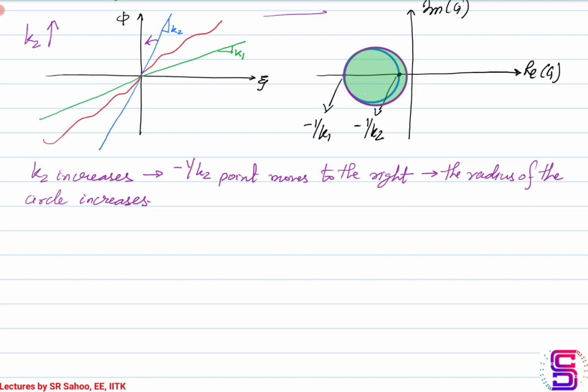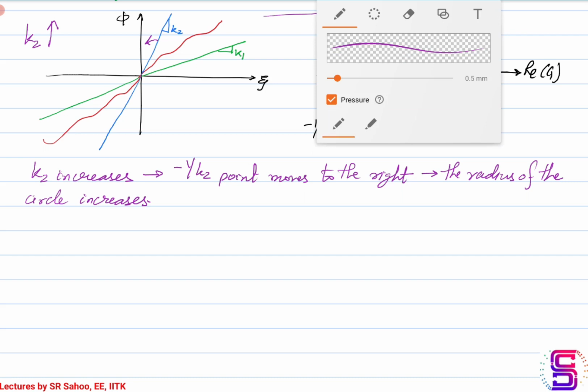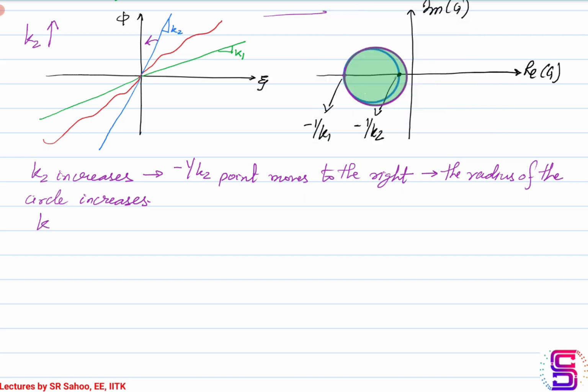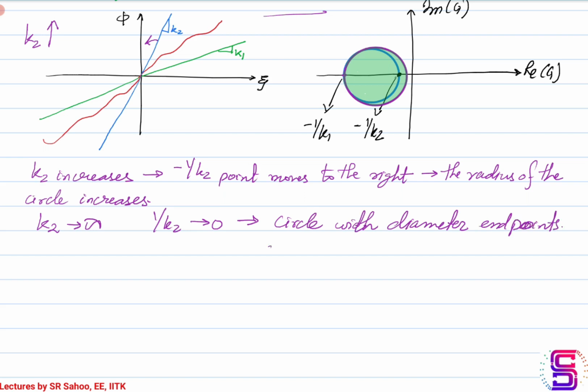So when K2 approaches infinity, 1 by K2 will become 0, which means you will have a circle with the diameter endpoints at minus 1 by k1 and 0.